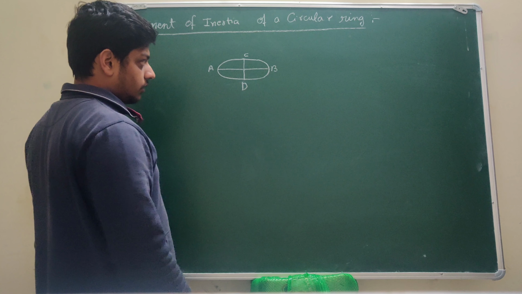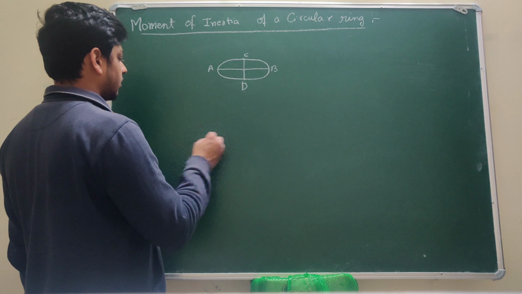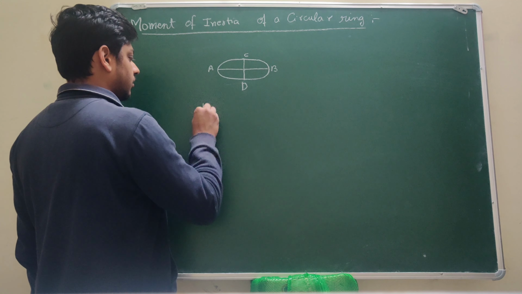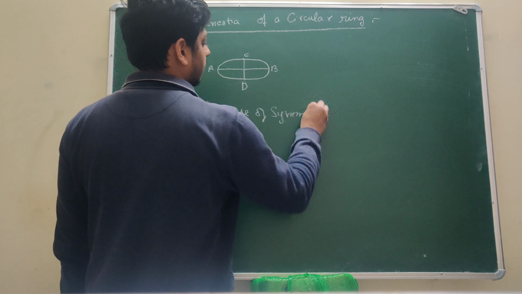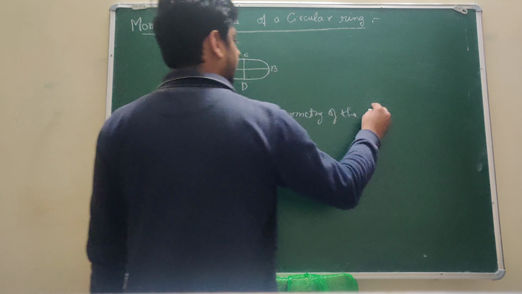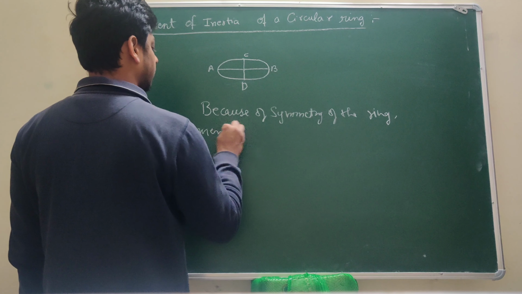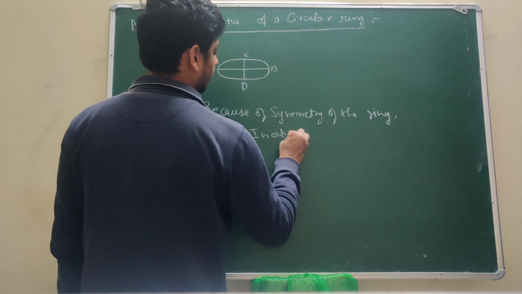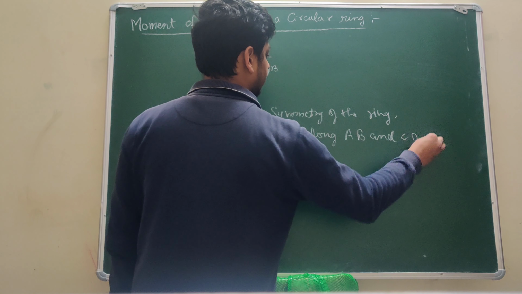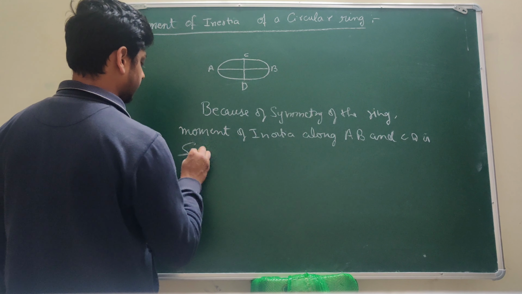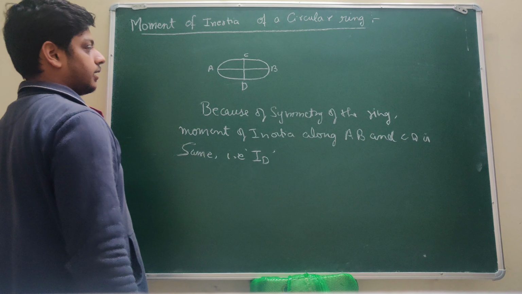Because of the symmetry of the ring, the moment of inertia along AB and CD is the same, that is ID. I will take it as ID.